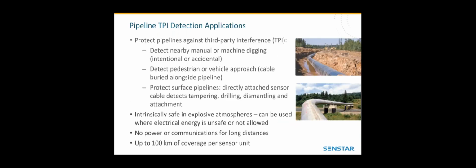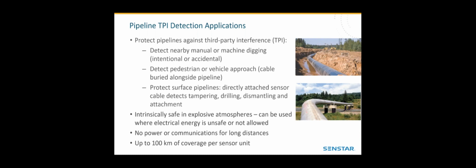Pipeline TPI: millions of kilometers and miles of pipeline around the planet. Some of them are in dangerous scenarios and some of them at risk of being attacked, either to be tapped into or through accidental digging for other utility purposes.